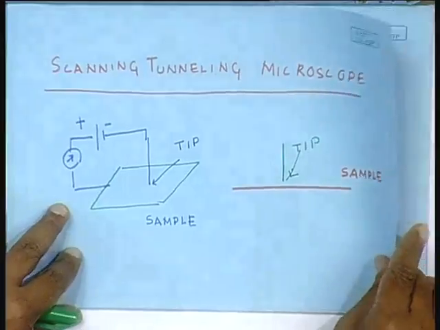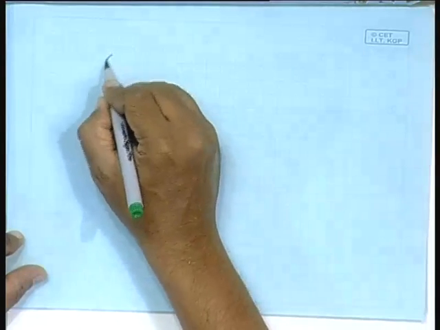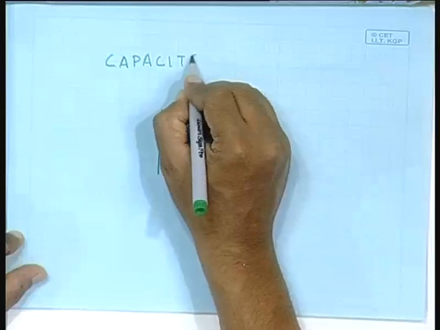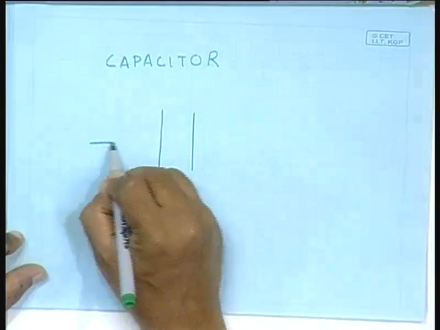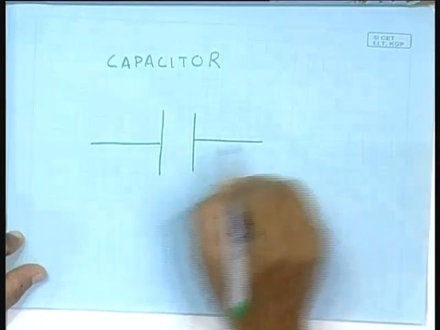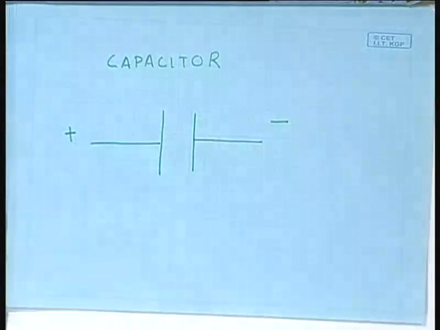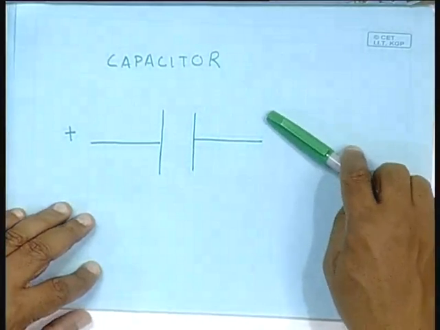If I have a capacitor, for example, these are two capacitor plates, and I give a positive bias voltage to one and I give a negative voltage to the other. Why does not a current flow across the capacitor?